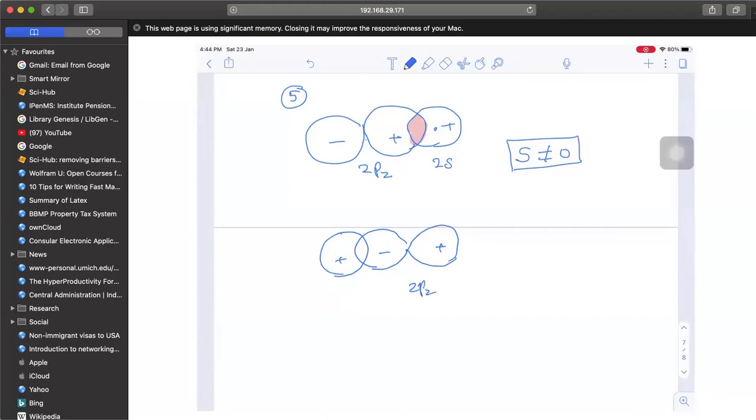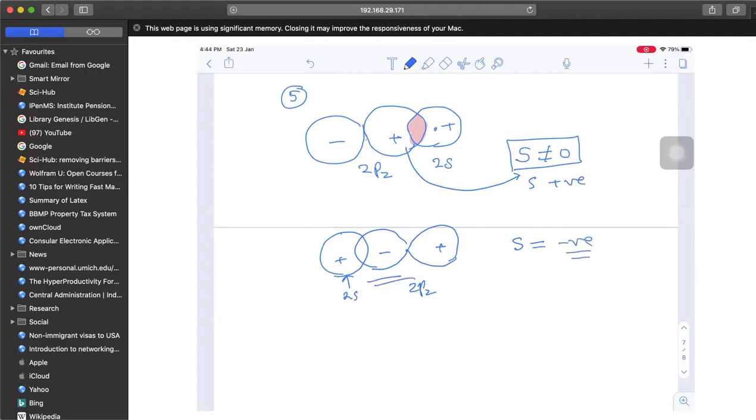Well, you see, this is a little tricky because you look at the overlap integral. In this case, the overlap integral will be positive, whereas the way these two orbitals are drawn, the overlap integral will be negative.